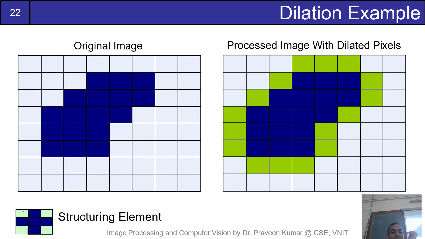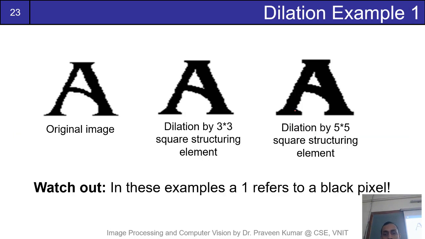So if you use a square structuring element, then even this diagonal will get filled, isn't it? In the middle also, this will also get filled, yeah, because then all directions will be considered. So just analogous to erosion, if you apply dilation, the objects are going to grow.